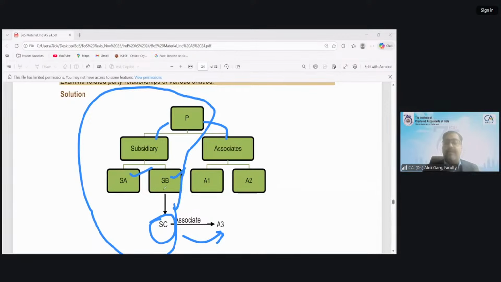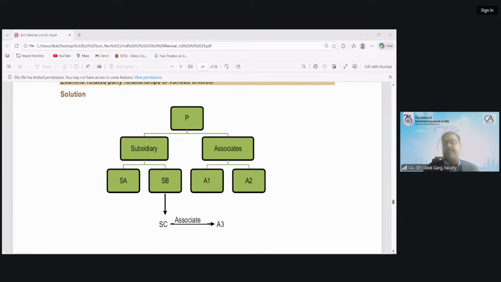And this SB also has an interest in the associate through SC. Of course, for SC it is a direct associate. And for SA, it is an associate of a fellow subsidiary, right? And there are two associates, A1 and A2. So you need to examine the related party relationship in this case.